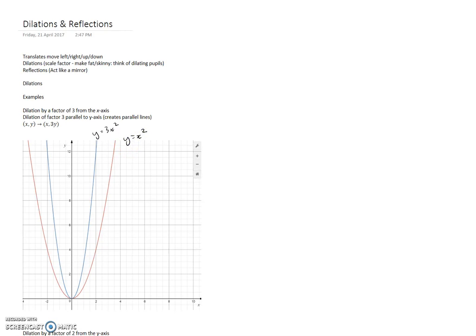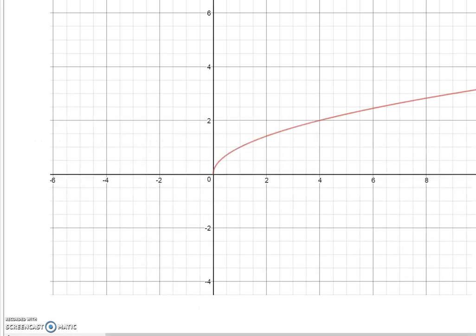And you'll see having that little 3 there makes the parabola more skinny in this case. And our objective is to understand why this (x, y) goes to (x, 3y) for a dilation by a factor of 3 from the x-axis.